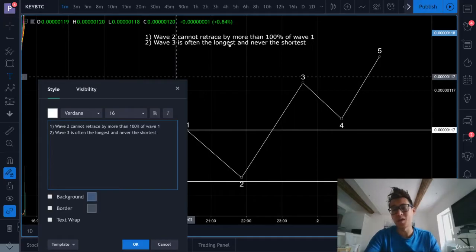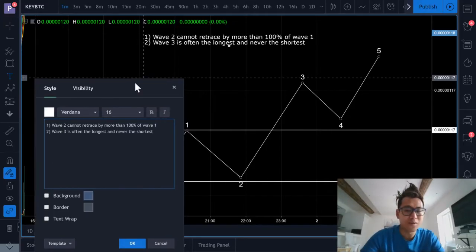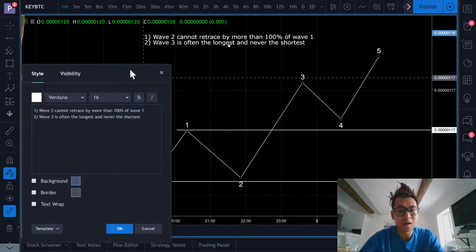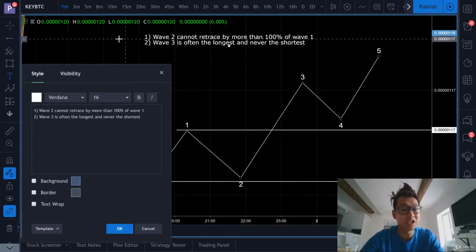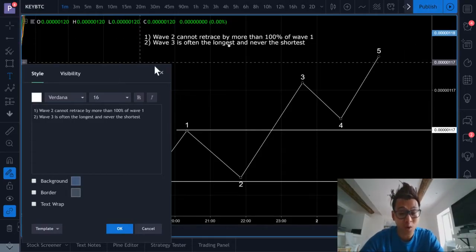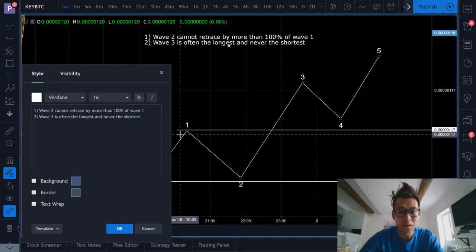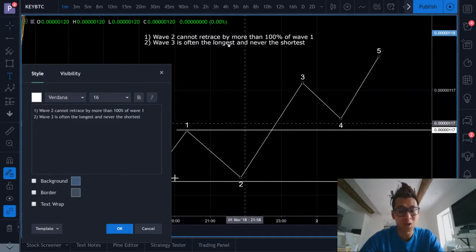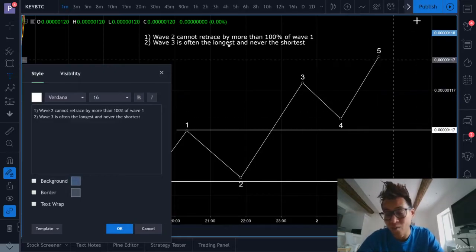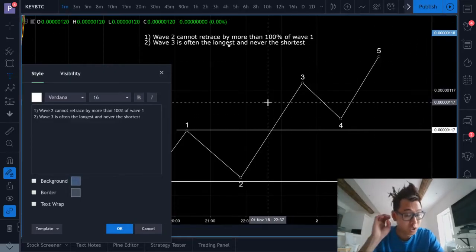Which means this, okay? It means that wave 3 doesn't always have to be the longest. It can just never be the shortest, right? So wave 3 is usually longer than wave 1, but if it's longer than wave 1, sometimes wave 5 would be longer than wave 3, which still fits the requirement. So for example, for things like a leading first wave diagonal, sometimes wave 3 is the second longest, right?